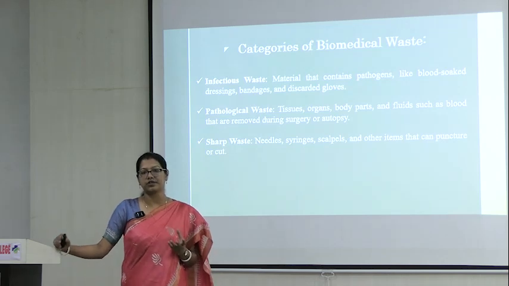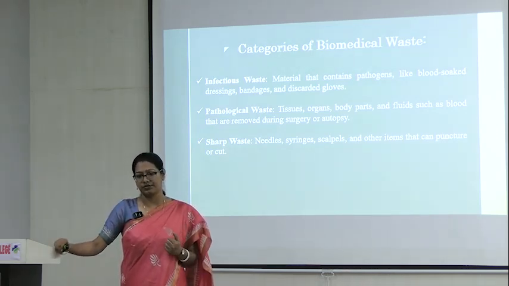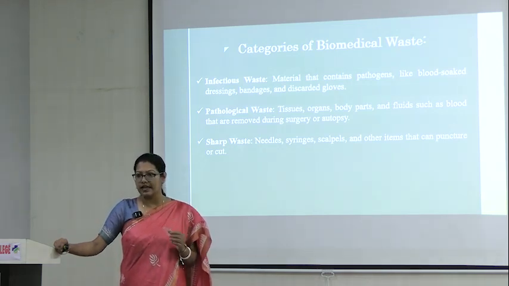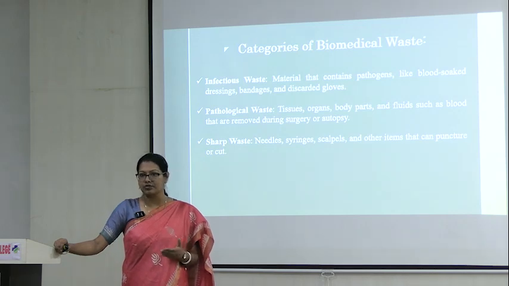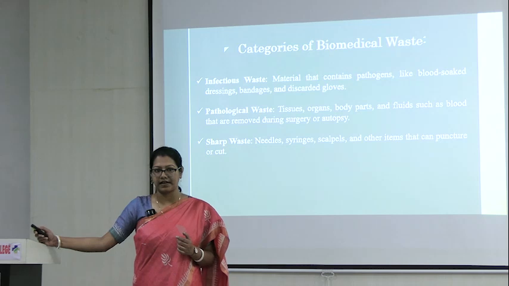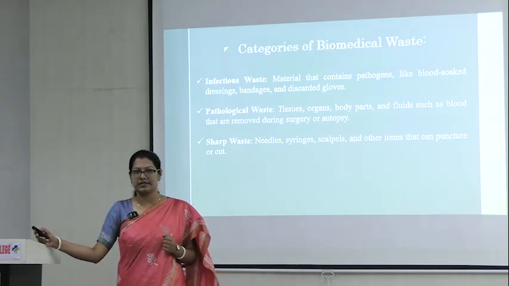Why will we remove those organs? Because we want to know the exact cause of death. From those organs, sections will be made and histopathological slides will be made. Under the microscope we will see various organs of the deceased person and we'll try to know what was the reason that caused the death.